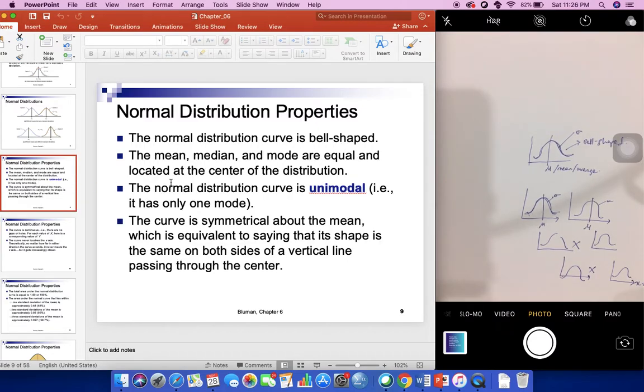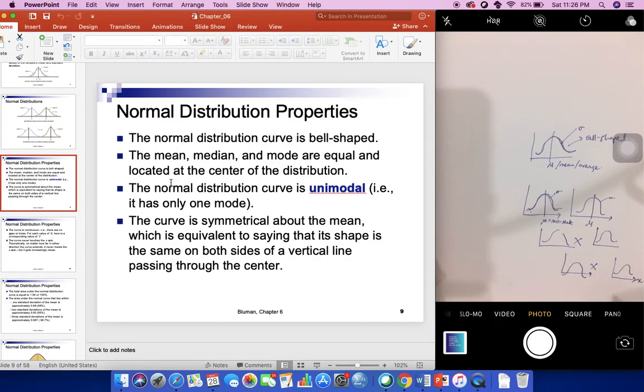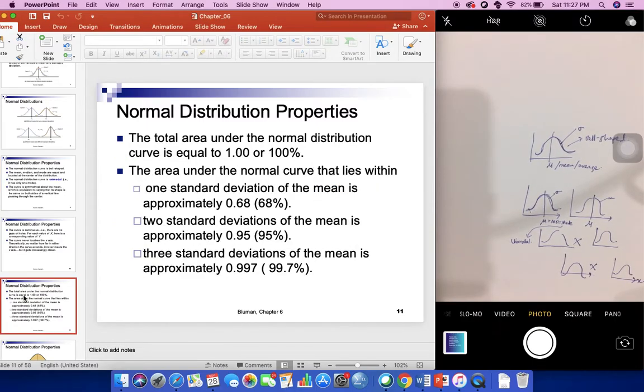The mean, median and mode are equal and located at the center of the distribution. So we have the mean, the median and the mode here. Only one mode, unimodal.